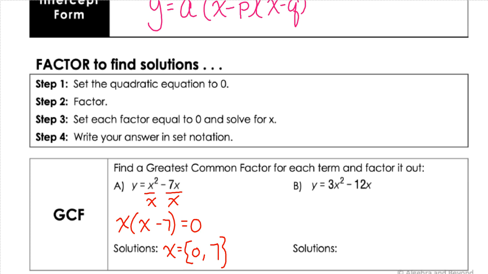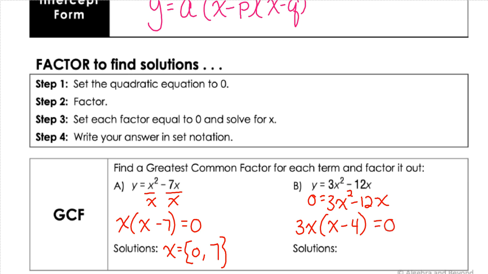For b here, same thing. We want to figure out, when does this equal 0? So 3x squared minus 12x. Again, I'm looking for that common factor. In this case, I can divide out a 3 from both 3 and 12, and I can divide out an x. So that is my GCF. When I do that, I'm left with x minus 4.